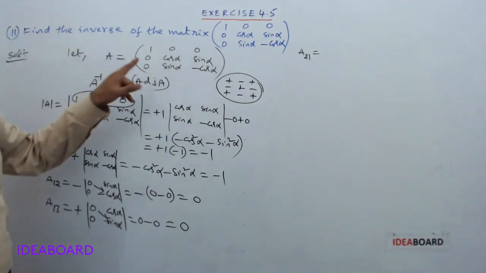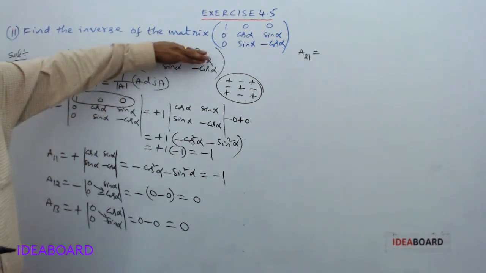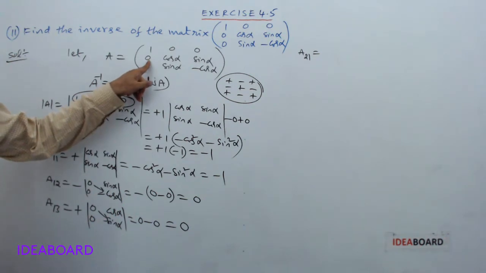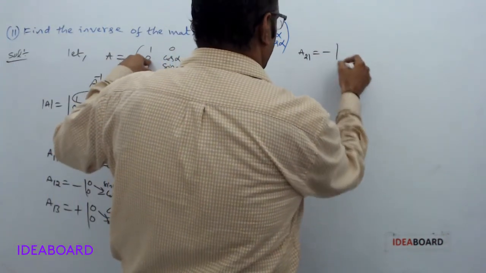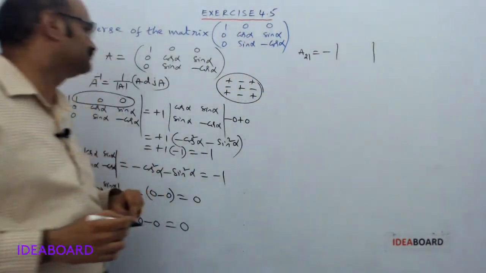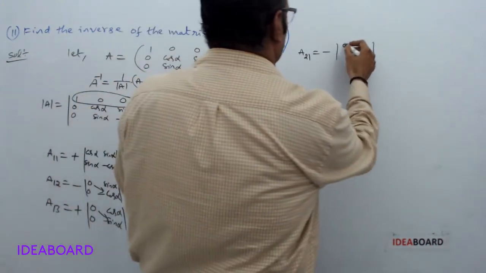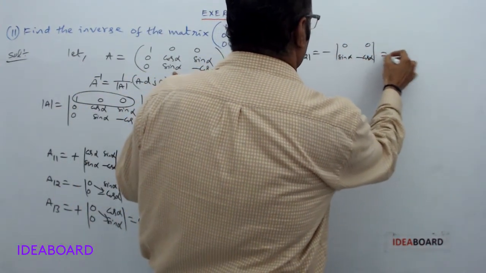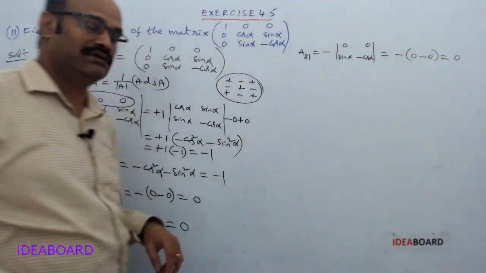Closing that row and column, we have minus of the determinant of 0, 0, sin alpha, minus cos alpha, which equals minus 0 minus 0 equals 0.